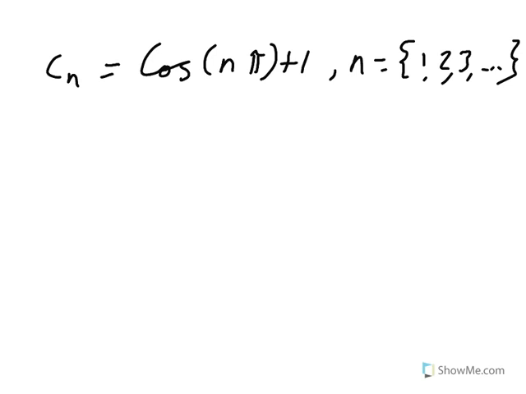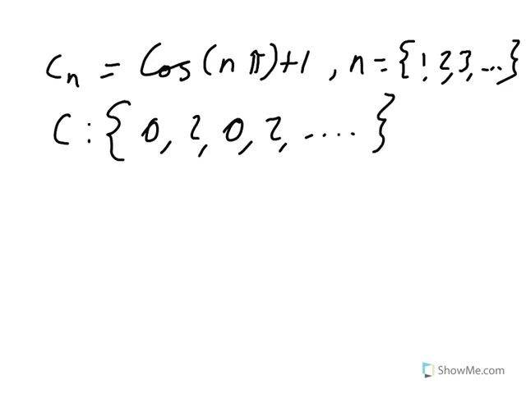Now, this one's quite an interesting one, in that your sequence, if we listed it, ends up being 0, 2, 0, 2, and so on. Even though it doesn't seem to be much of a pattern, there is a pattern there, and we can describe it. Okay, so that is the second way.